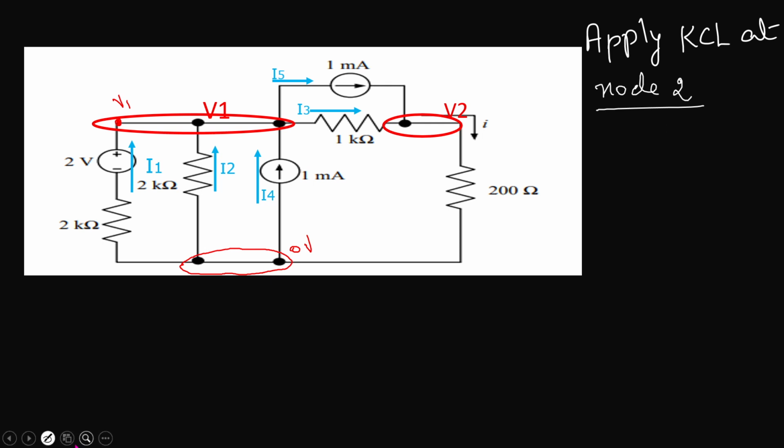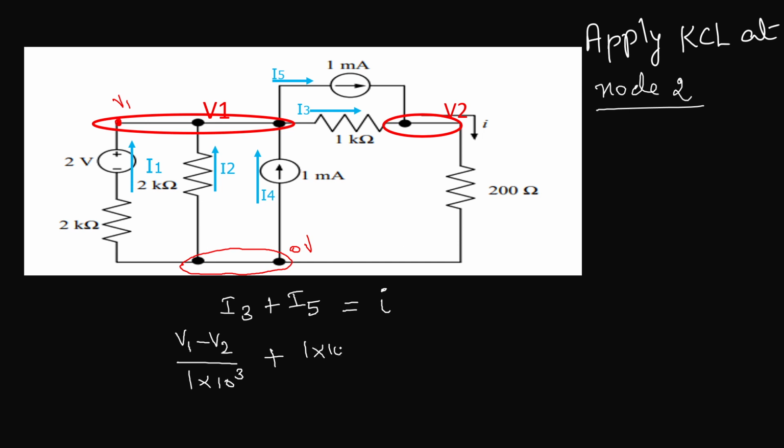So the sum of the incoming currents equals the leaving current I. I3 can be written as V1 minus V2 divided by 1 kilo ohm, plus I5 is 1 milliamp, so 10 power minus 3, that is equal to I. I is V2 minus 0 potential divided by this 200 ohms.